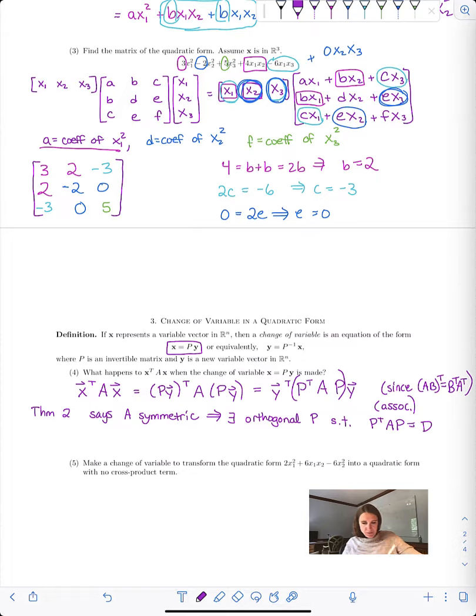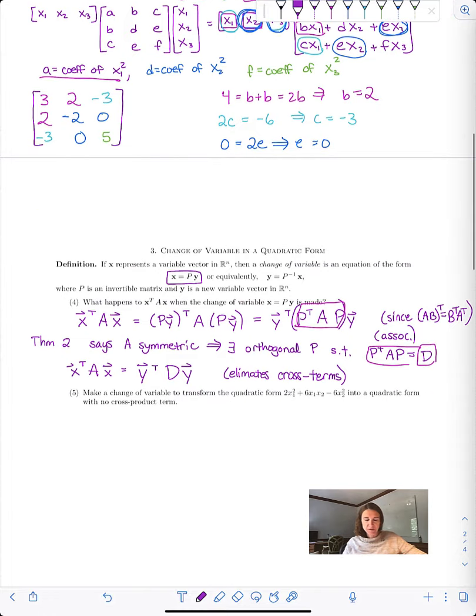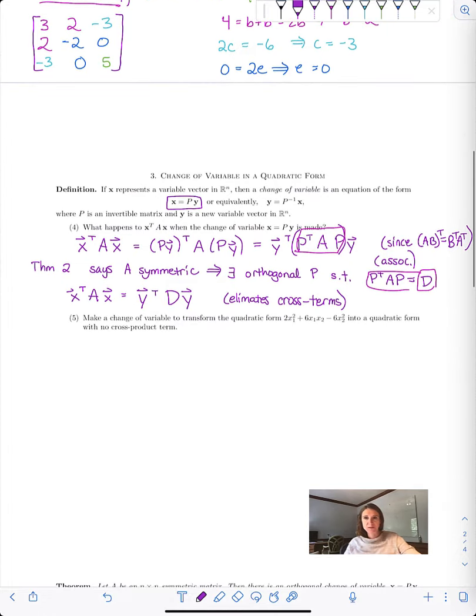And so if you actually use that P as your change of variable, then you can plug that in and you get x transpose A x equals y transpose D y. And this actually eliminates the cross term, or cross terms when you have more than a 2 by 2 matrix.